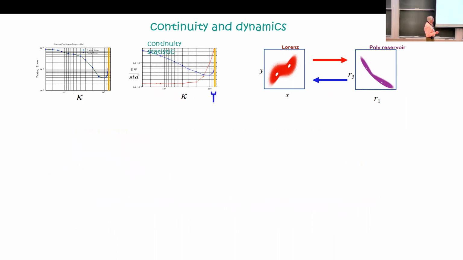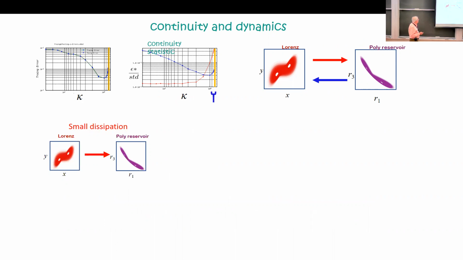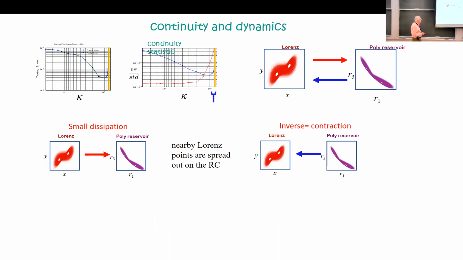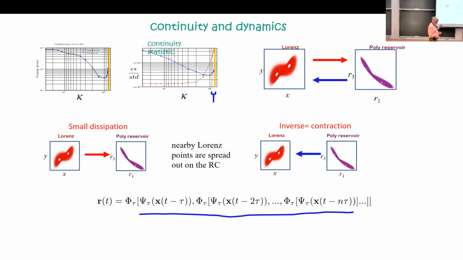If the damping is low, where you're near the edge of chaos, as people like to say, there's small dissipation, the nearby Lorenz points spread out more, and the inverse is highly contractive. So what that means is you're looking way back in time, and that can give you a lot of problems when you try to reconstruct an attractor.